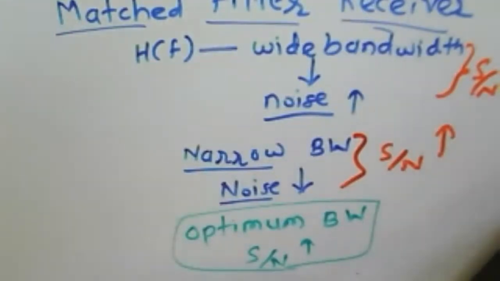Now, how do we find out the optimum bandwidth required by the receiver?